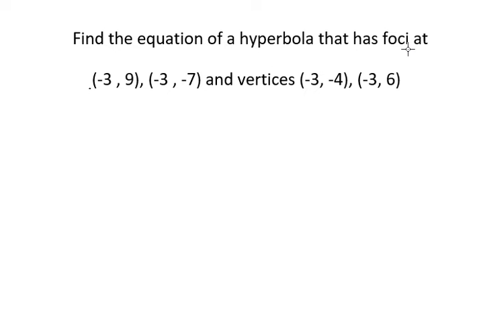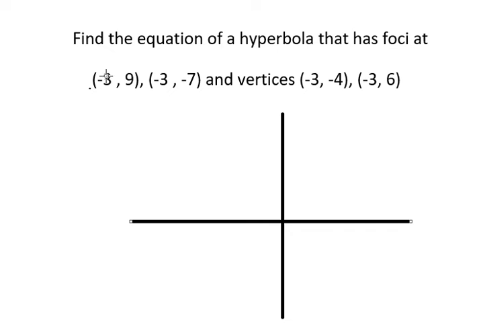We have foci, that is this point in here, and vertex, that is this point in here. So if we look carefully at this one, we have negative 3, negative 3, and so on in here.